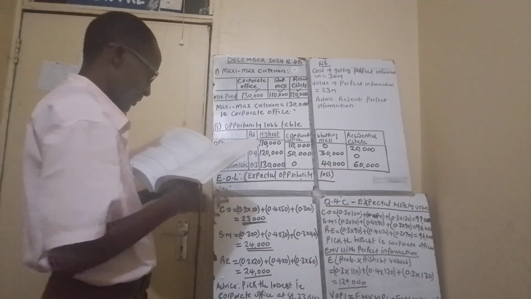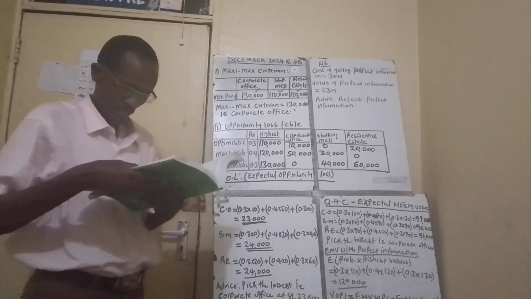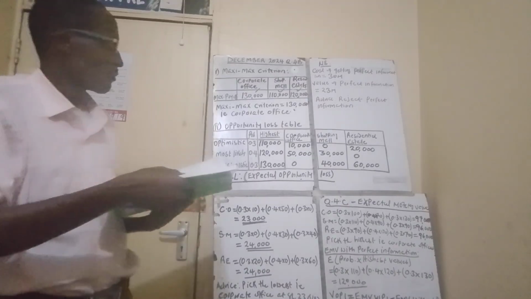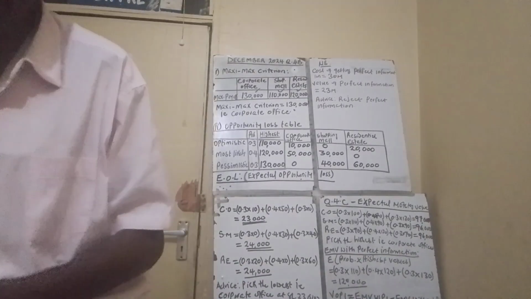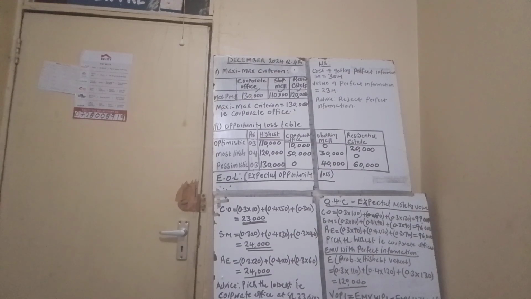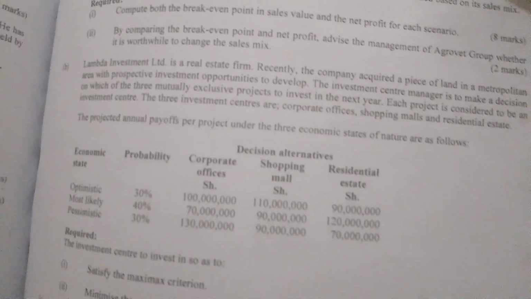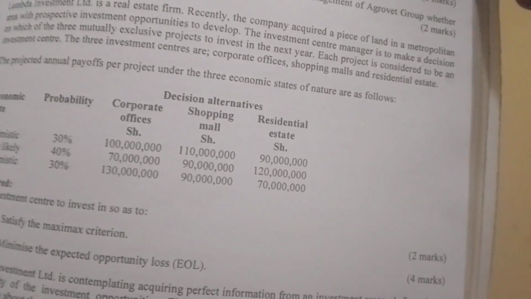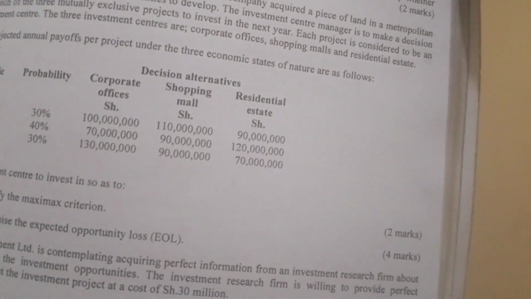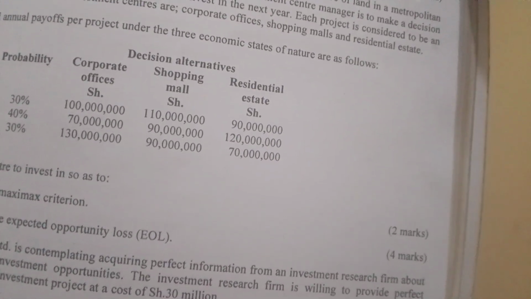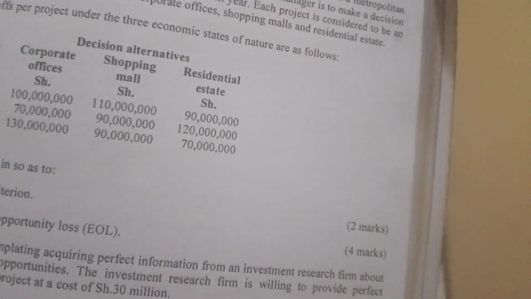In other words, even if you had to pick those numbers downwards, I believe you should arrive at the same conclusion. If you go downwards, picking the highest number, corporate office, the highest number is 130. Shopping mall, the highest, 110.